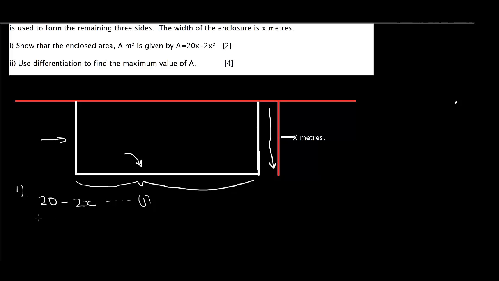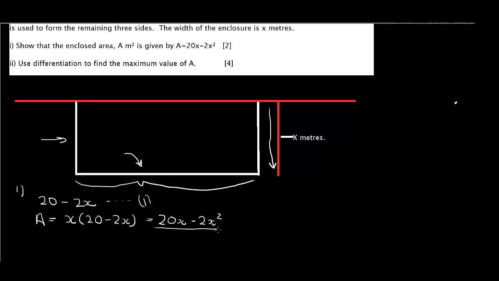Now we can reason that the area is going to be this length times that width. So the area is going to be x, the width there, times 20 minus 2x, and that gives us x times 20 is 20x, x times minus 2x is minus 2x squared.